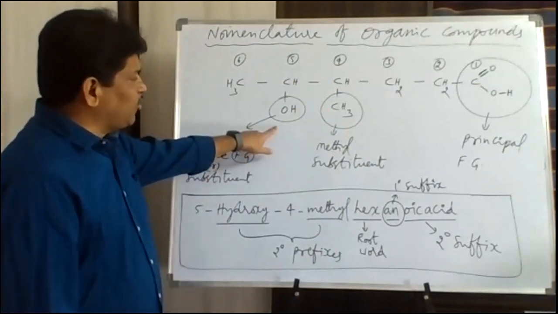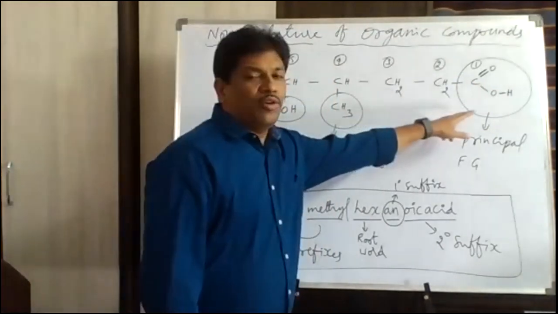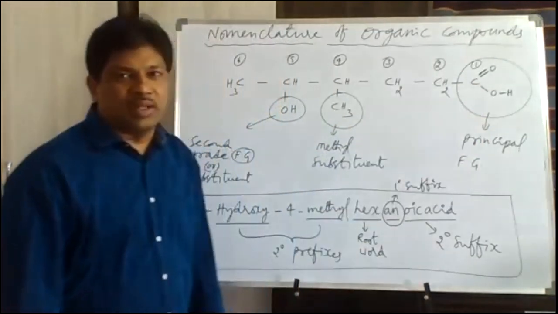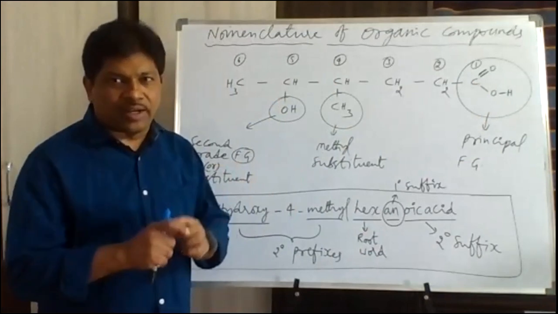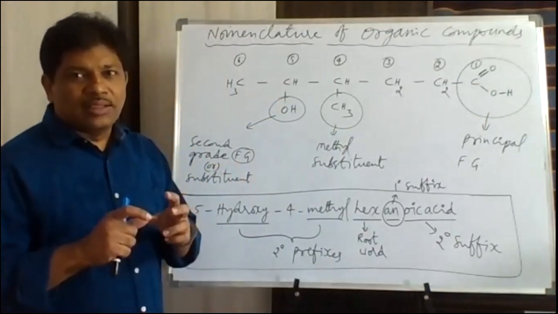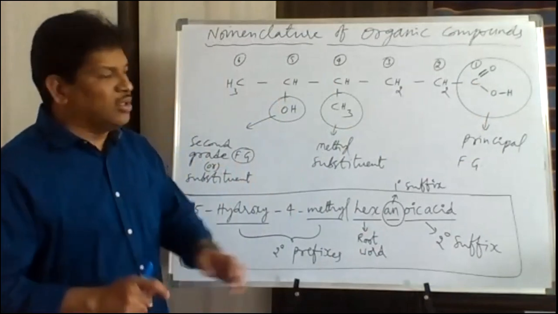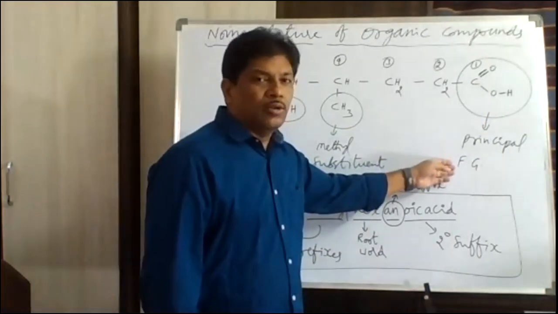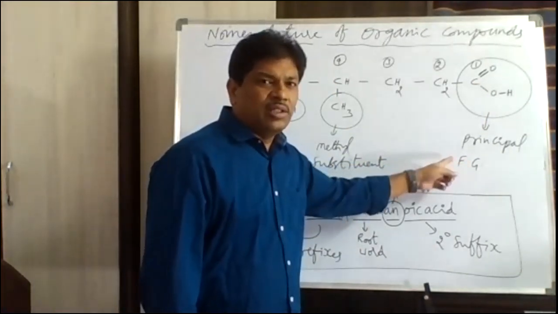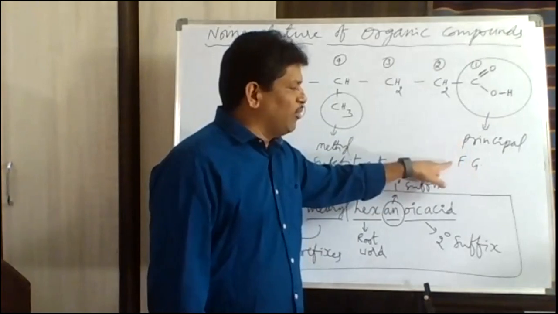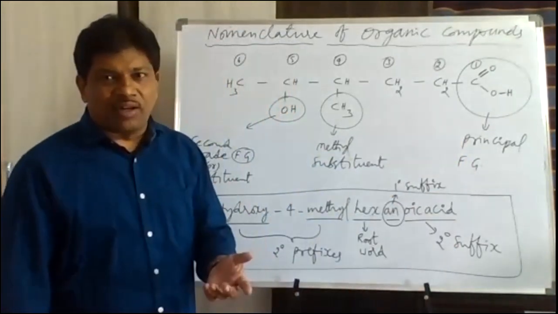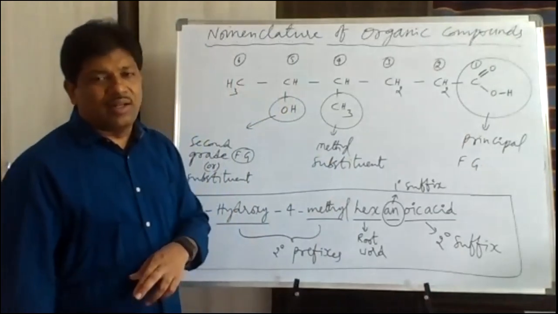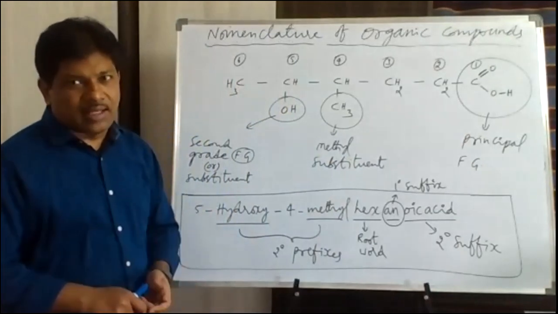So here OH is one functional group available, and COOH is another functional group available. Whenever there are two or more functional groups in the given structure, one senior group is taken as the principal functional group. Here FG stands for functional group. So the principal functional group is the senior group. Which is senior and which is less senior, we will understand in the coming classes.